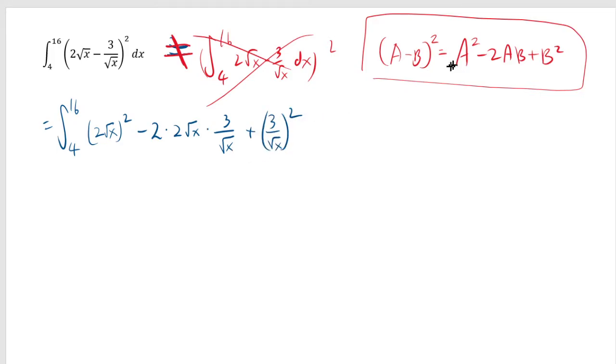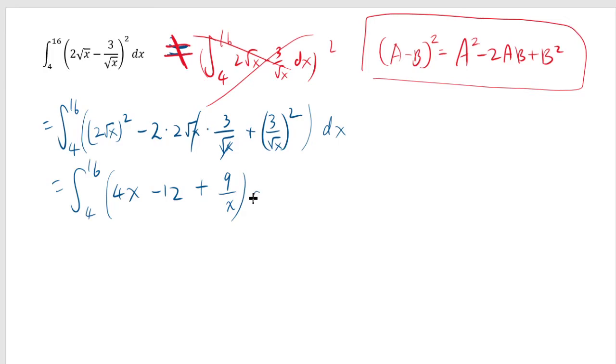So in this formula I'm letting a be 2 radical x and b be 3 over radical x. And that's going to be 4x. The x's cancel, and 2 times 2 times 3, that's 12. And this cancels, and you get 9 over x.